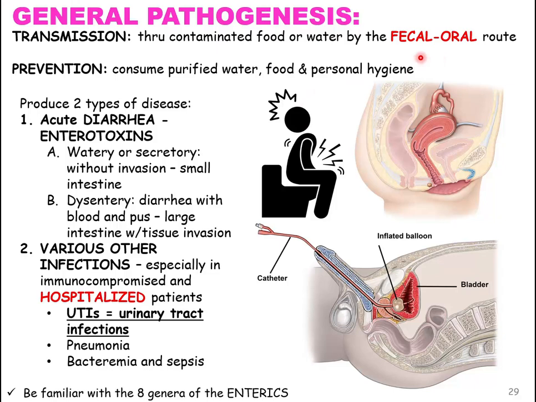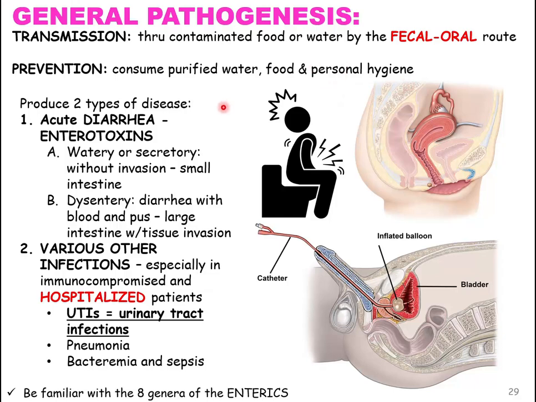So if crops are watered with feces, or just poor water hygiene, personal hygiene, or food hygiene, then these can be transmitted. So prevention, of course. So grateful I live in the United States. We have purified water. There is an FDA, and well, personal hygiene. I know, I wash my hands.